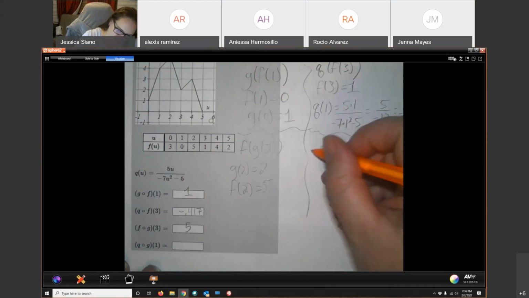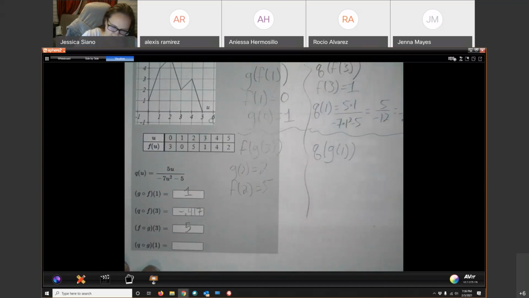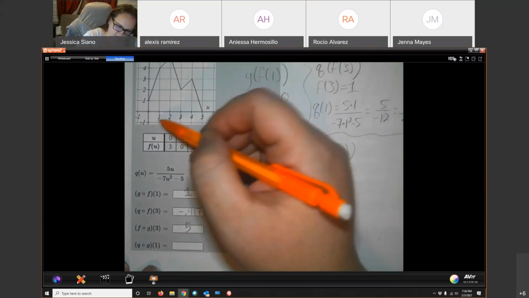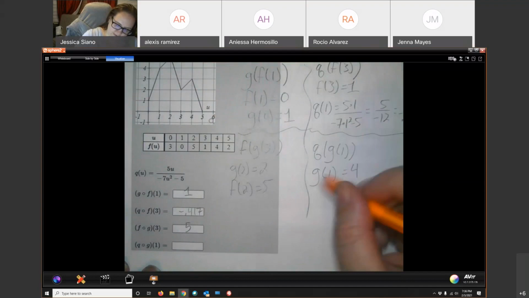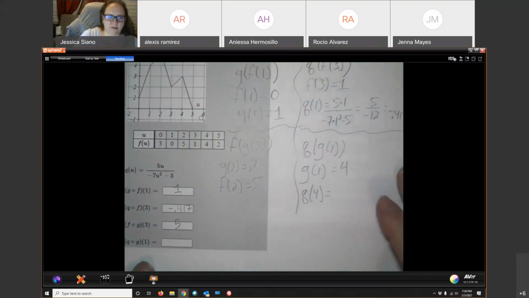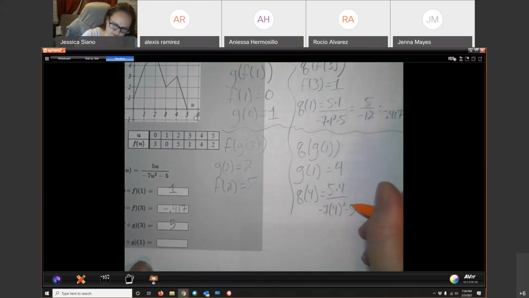And then last but not least, I need q of g of 1. Okay, so first I need g of 1, which is 4. And then I need q of 4. So that's going to be 5 times 4 over negative 7 times 4 squared minus 5.